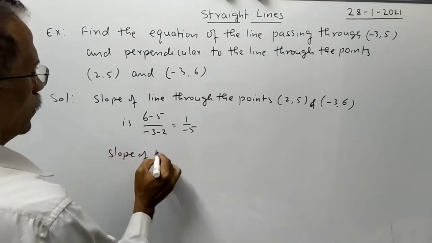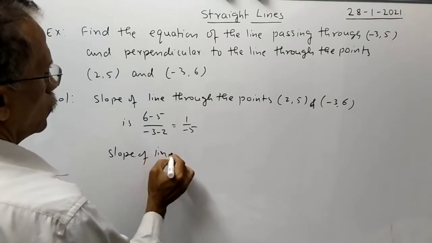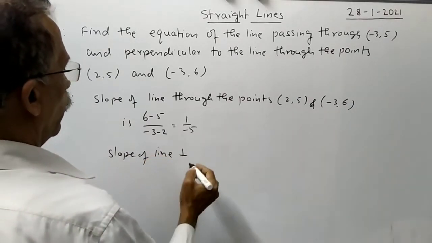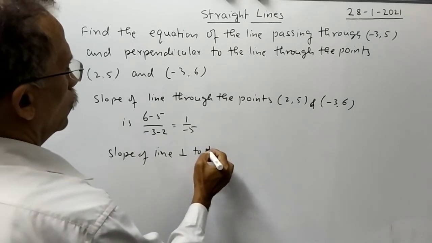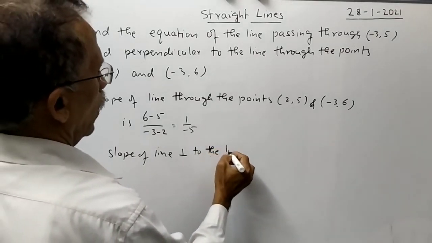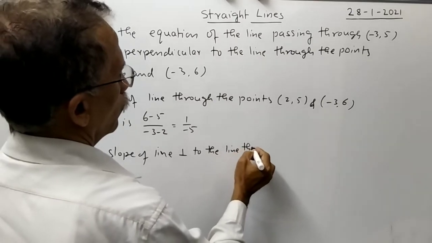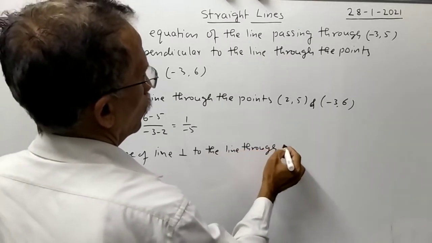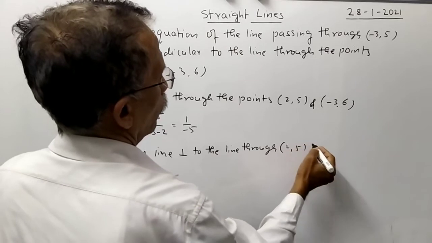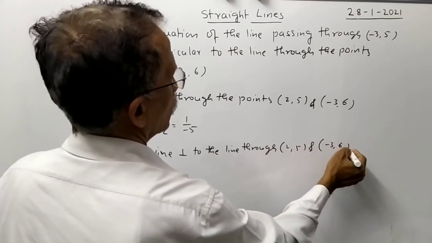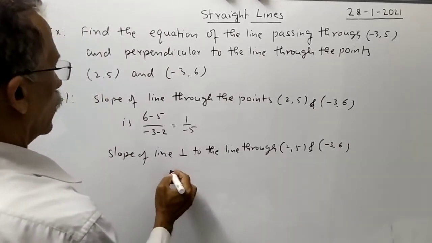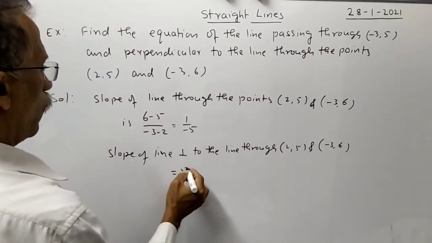Slope of the line perpendicular to the line through the points 2, 5 and -3, 6 is equal to 5.